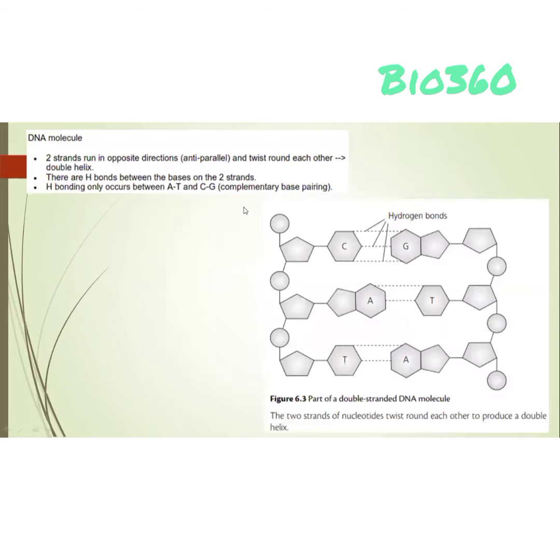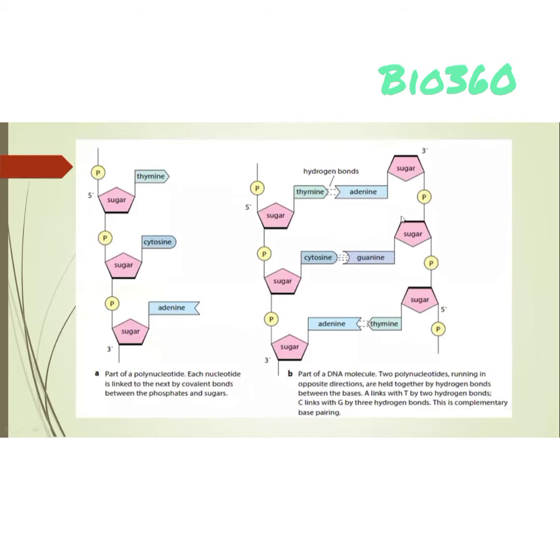Now, let us show what is happening here. As we have said, how many strands are there in DNA? Two polynucleotide strands. And this is a single nucleotide. This is another nucleotide, and this is another nucleotide.